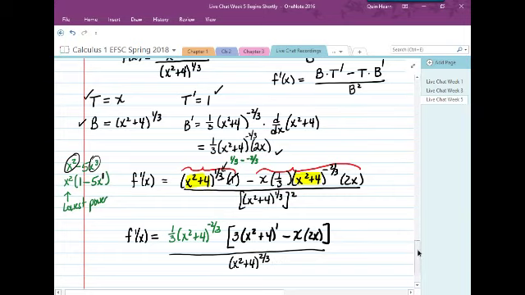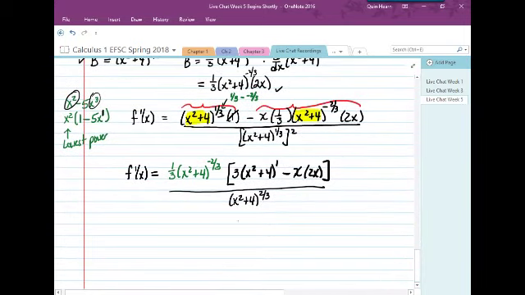All right, now let's see why this is helpful, what we just did. So inside these brackets here, we now have 3x squared plus 12 minus 2x squared. The 3x squared and the 2x squared combine, leaving just x squared plus 12 in the brackets.